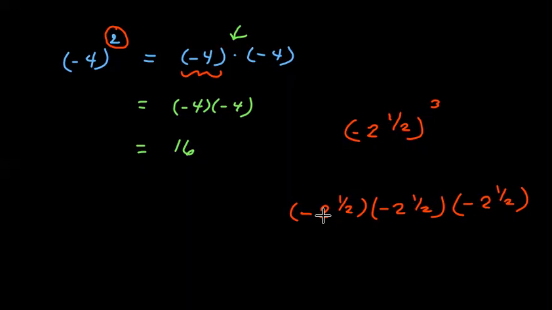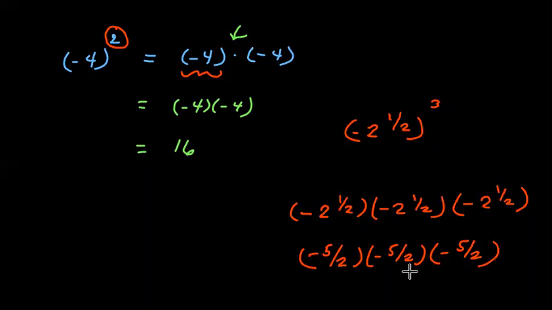We would convert this to an improper fraction. This would be -5/2 multiplied by -5/2 multiplied by -5/2, because that's what -2.5 is. All right. So that is what it means when we're talking about power.